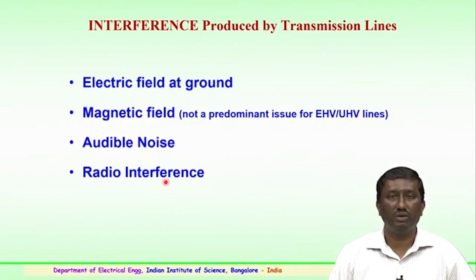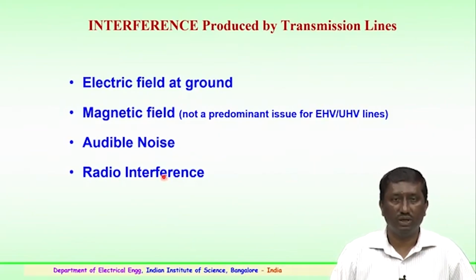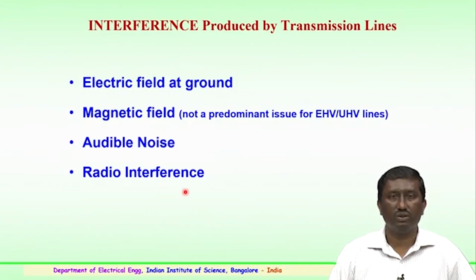So, these are the values typically followed in the country for EHV and UHV transmission. Any hardware, conductors, insulator strings, the noise generated by the components of the hardware or the insulator string should not exceed 60 decibels.